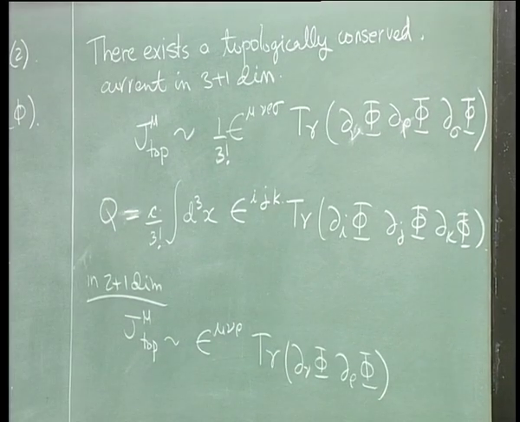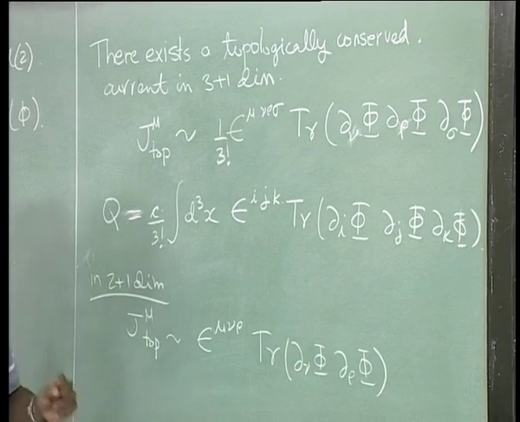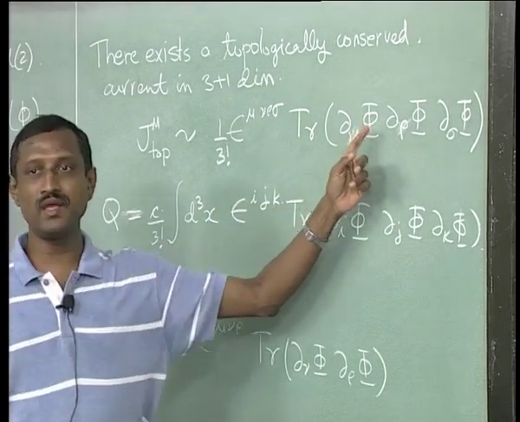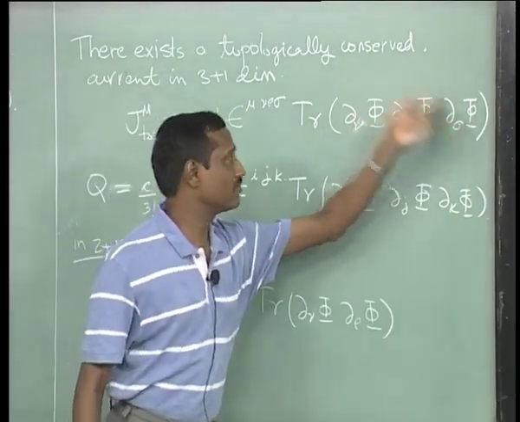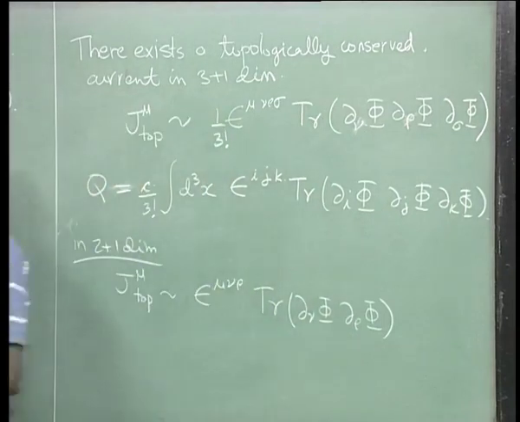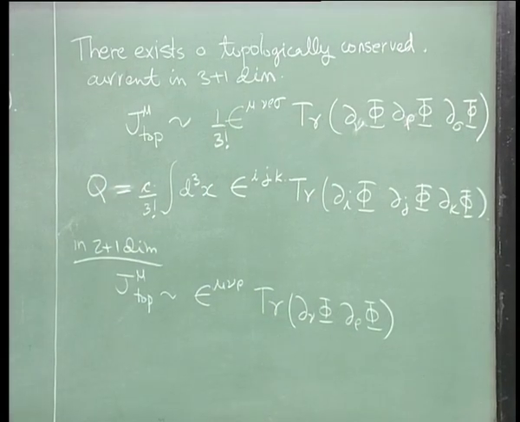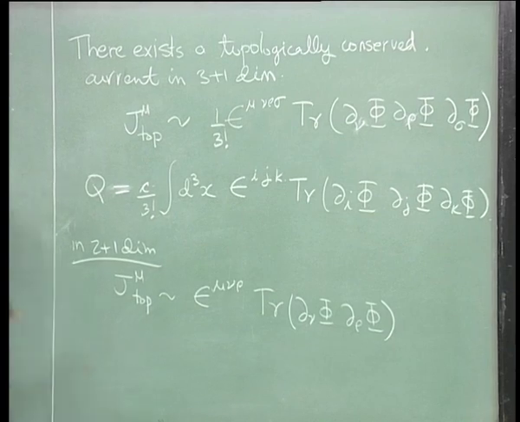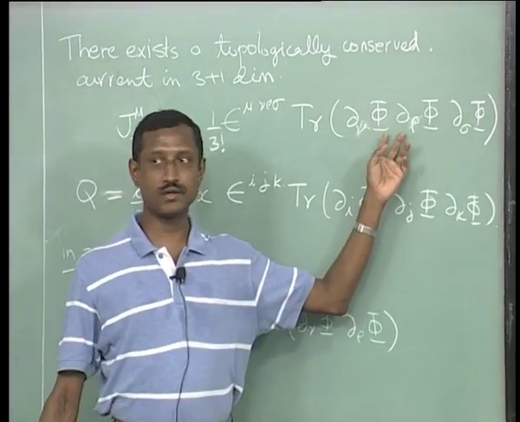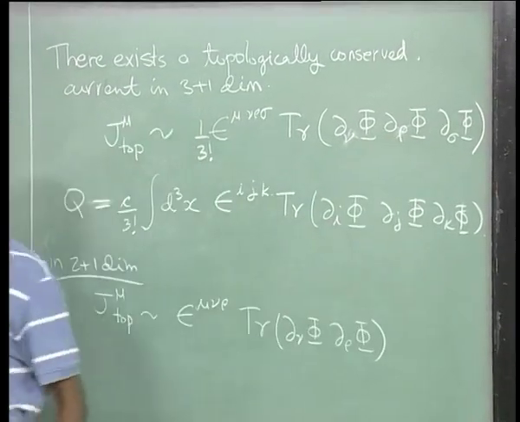Okay. So, one might think that any phi will do, but now for instance, suppose I had just 2 scalar fields, what will happen to this kind of a charge?